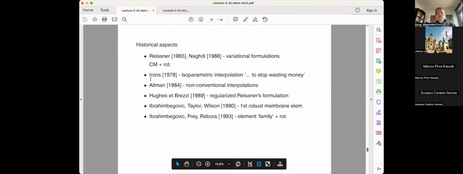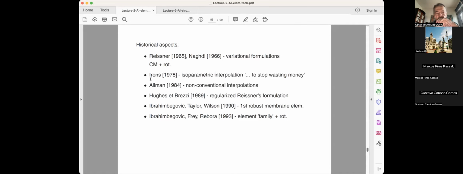But for the moment, I come back to my elements that I want to make compatible with the Timoshenko beam. For the moment, we stick with the elements, a membrane, and you want to make it compatible with this Timoshenko beam. As I said, there's a history of really many developments trying to make this work.